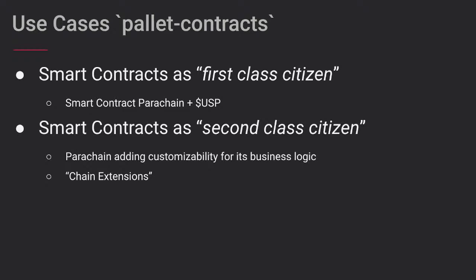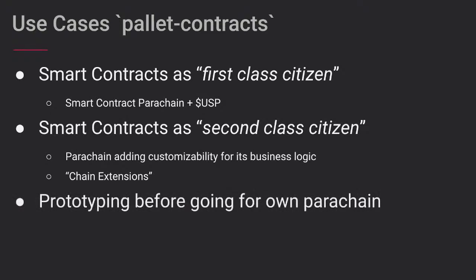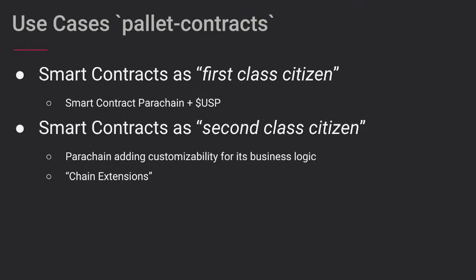You want to allow them to program certain behavior on your blockchain, and you can add the contracts pallet as an extra building block, which allows you to deploy smart contracts for specific use cases, like triggering automated trading actions on a decentralized exchange, while the decentralized exchange itself is implemented as its own pallet business logic.